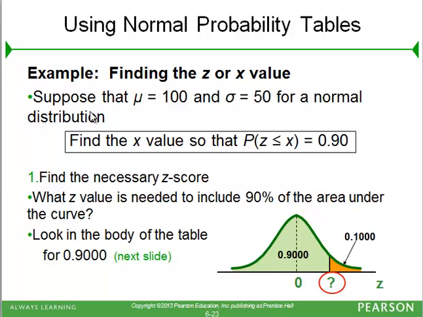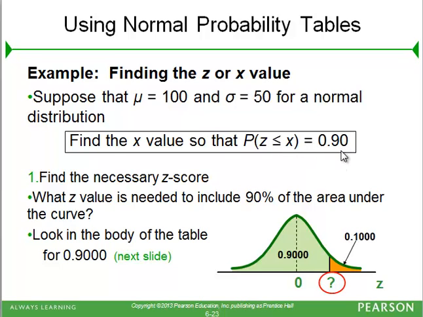For example, suppose that mu is 100, the same question, and sigma is 50 for a normal distribution. Find the x value, meaning you need to find this value, so that the probability of the value being less than or equal to x is 0.9. So we try to find it if the probability is 90%.